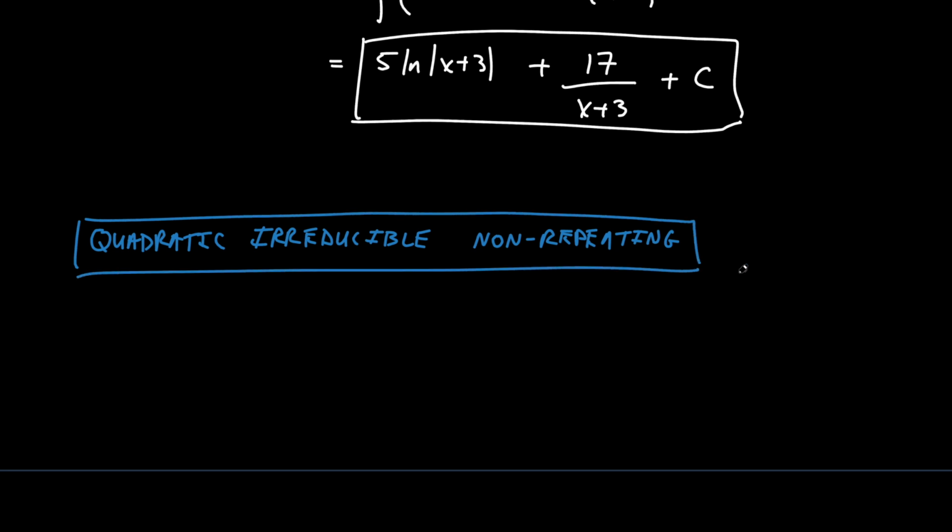So what does a quadratic irreducible non-repeating factor look like? Well, it would be of the form ax squared plus bx plus c. So just as you'd expect, a quadratic. Now in this case, this quadratic is going to have a, b, and c values to which it can't get broken down into two nice and easy linear factors, okay?